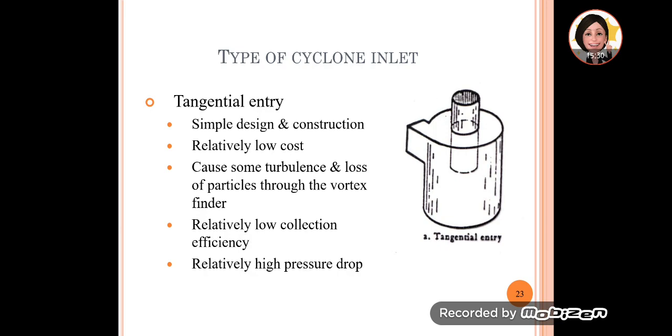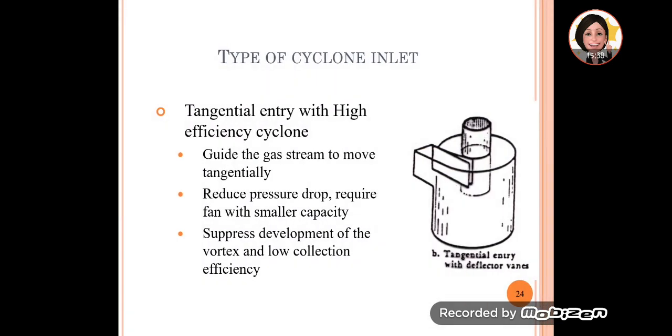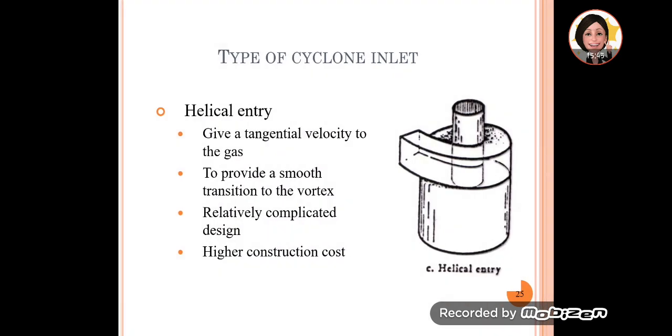For a cyclone inlet, we saw in the beginning a simple design, which is a tangential entry such as this. But this design can also be modified for a high efficiency cyclone. Then we also have the helical cyclone, where the top part is slightly different. It's still tangential, but it's not a flat cylinder, it's slightly curved down.